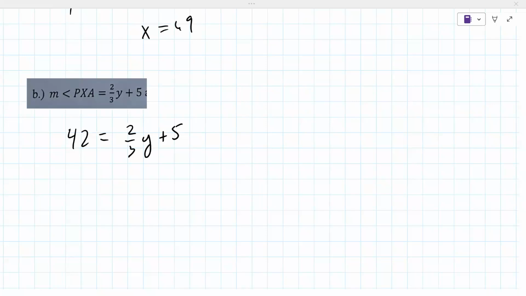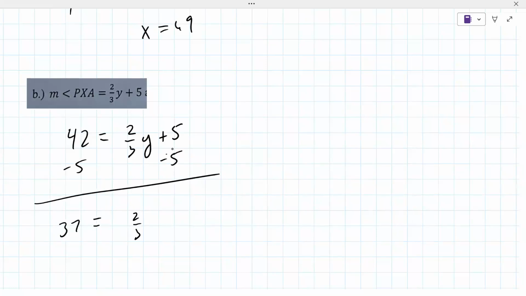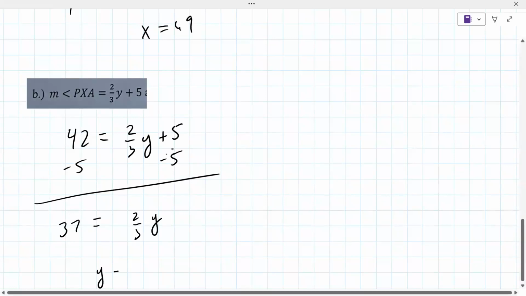I'm getting 111 over 2. Do I reduce that? I'm not sure, because 2 doesn't go into 37, so you're not really crossing anything out. Yeah, that looks good.